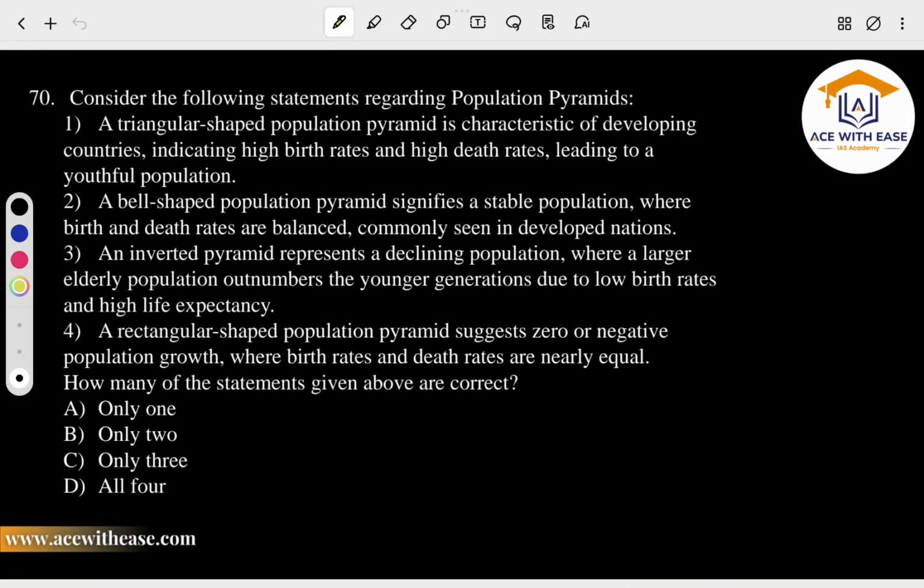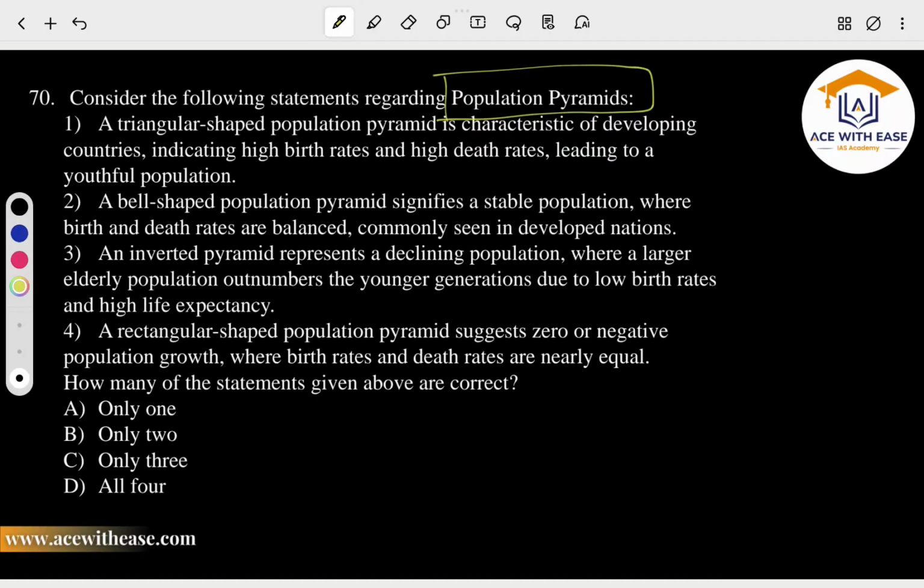70. Consider the following statements regarding population pyramids. First, a triangle-shaped pyramid is characteristic of developing countries, indicating high birth rates and high death rates, leading to a youthful population.